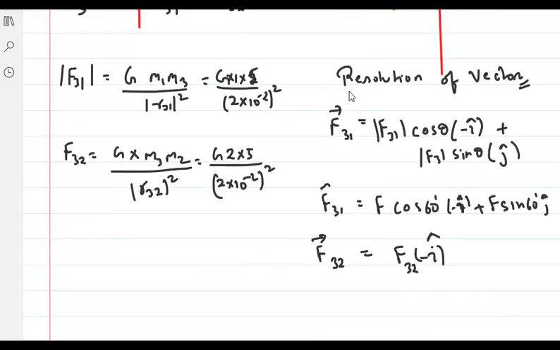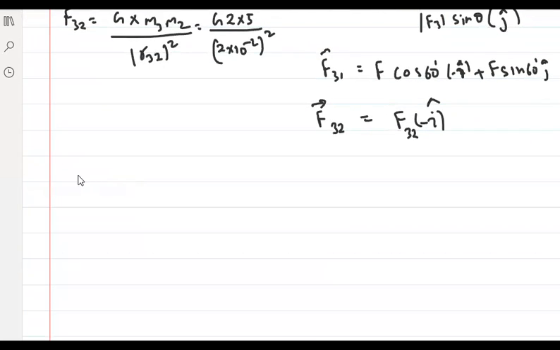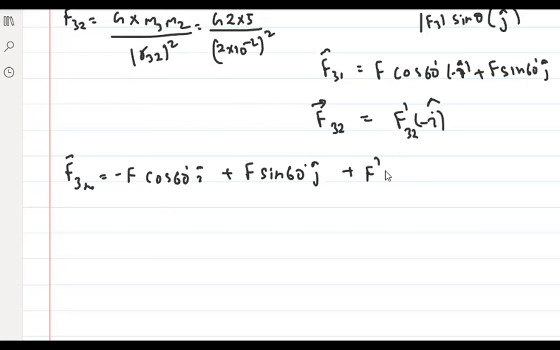Step by step. Now, I'll just write the final answer. F3 net is equal to F31, I'm writing it as F dash, minus F cos 60 degree i cap plus F sine 60 degree j cap, now plus F dash minus i cap.